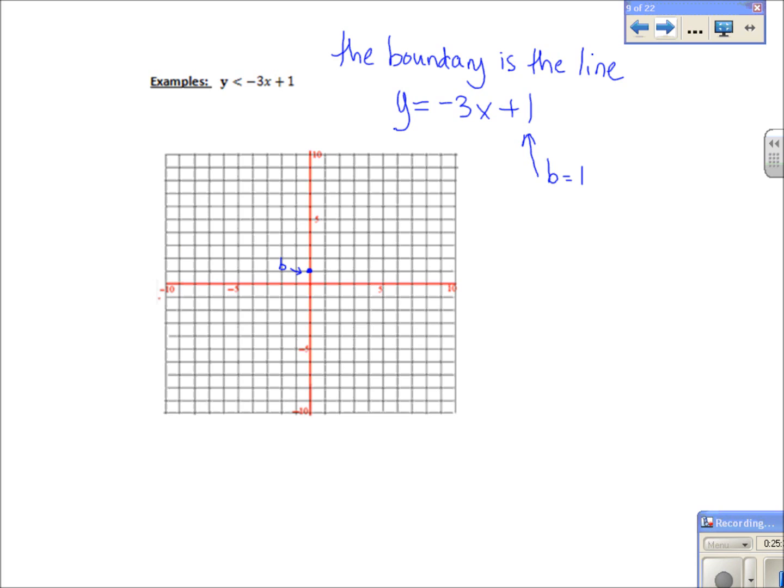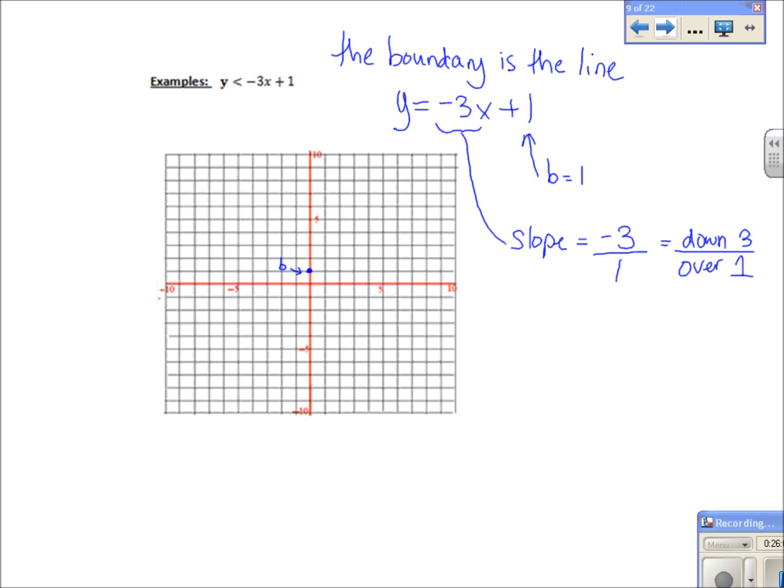The next thing I do is I look here for the slope. The slope is equal to negative 3, and I know that's the same as negative 3 over 1. So that tells me my rise is negative 3, so I go down 3 and over 1.